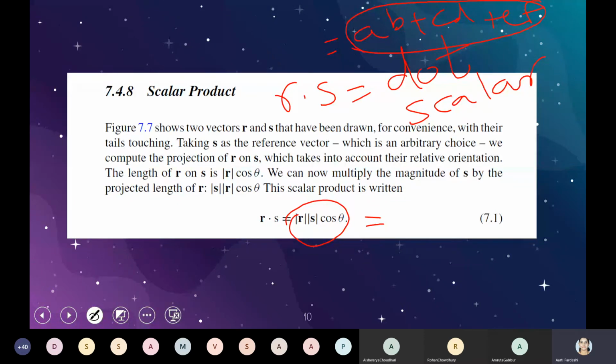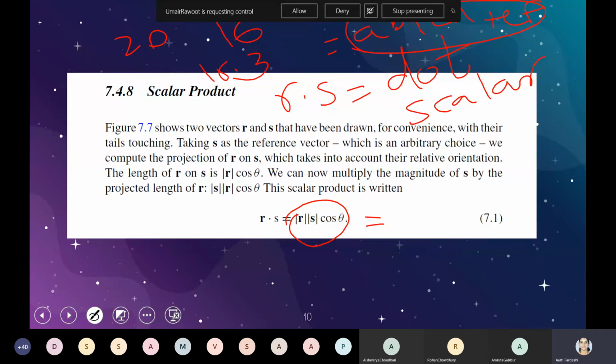So R dot S can be 16, 20, or 15.14, or 16.3. If the magnitude is there of any product, we are going to say it is a scalar.